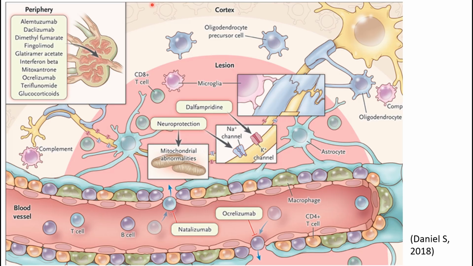There is also neuroprotection, which works on mitochondrial abnormalities, and also ocrelizumab and natalizumab work on the blood-brain barrier, allowing different molecules to be passed and regulated through the blood-brain barrier.